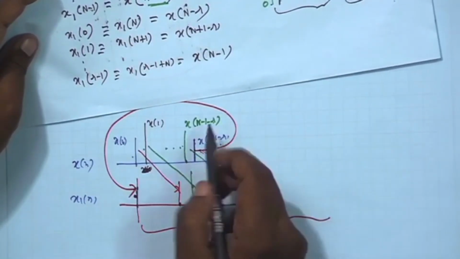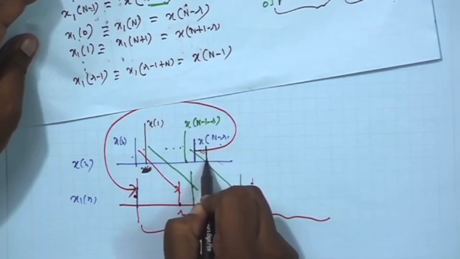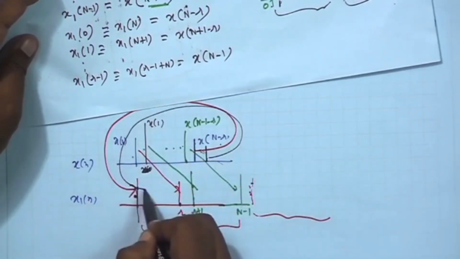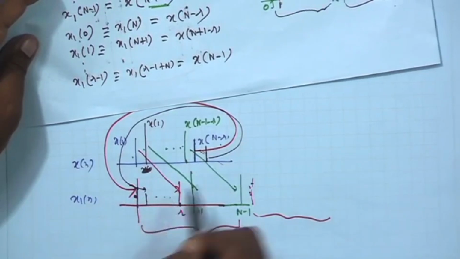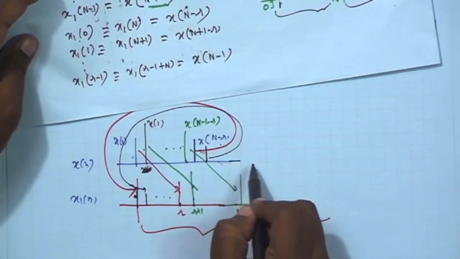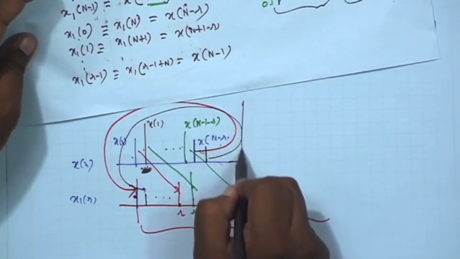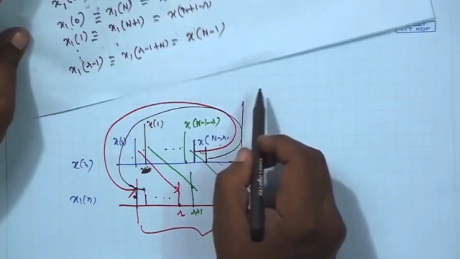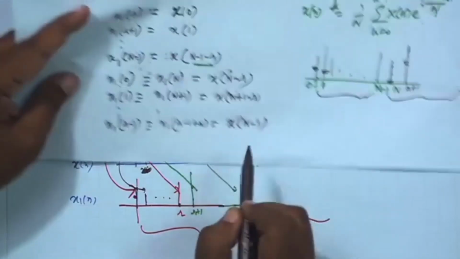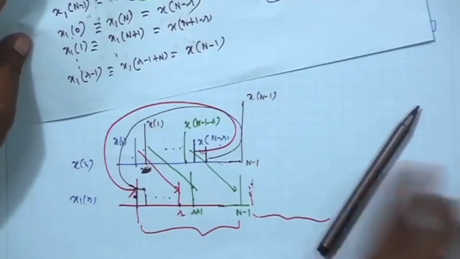Then the next guy, if the next guy is this much, this will come back to the next, dot dot dot, and finally at n minus 1, if it is x n minus 1, this comes at x 1 r minus 1.